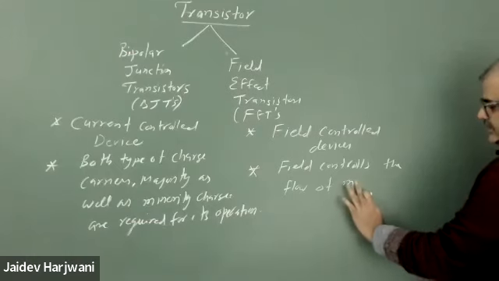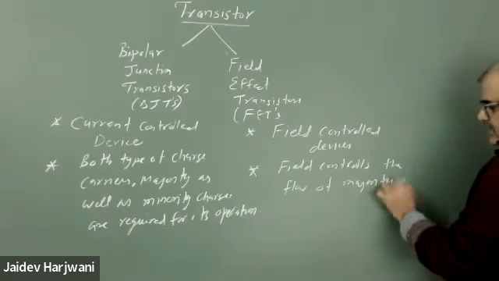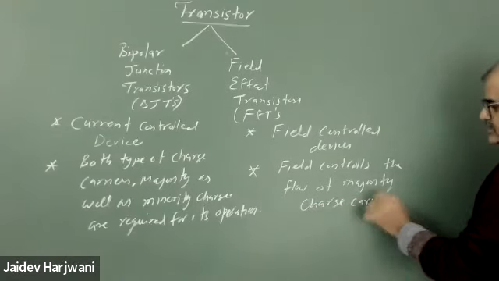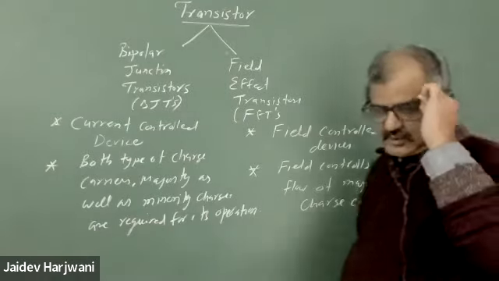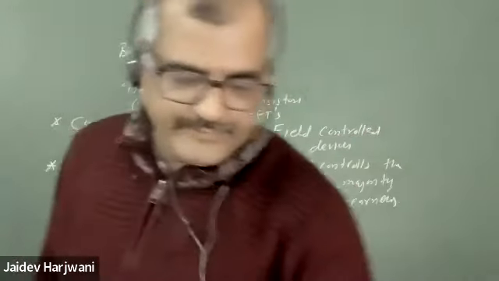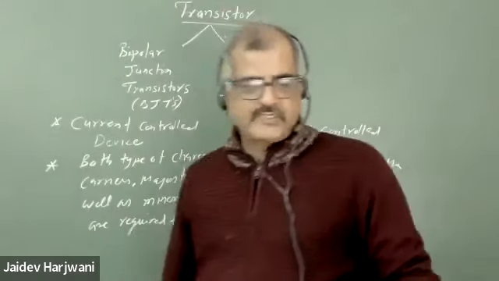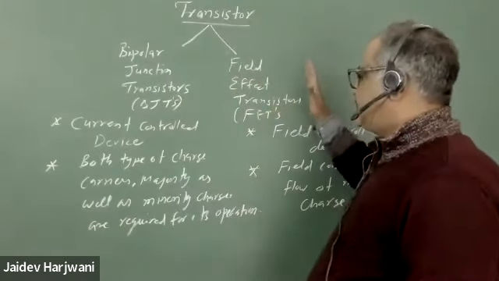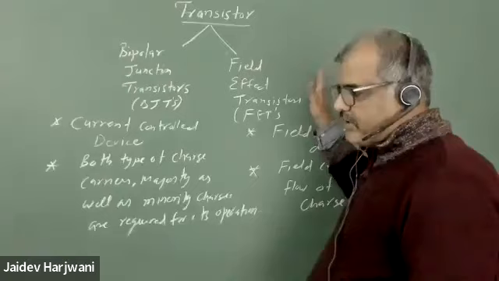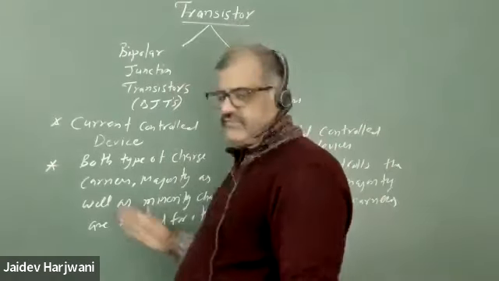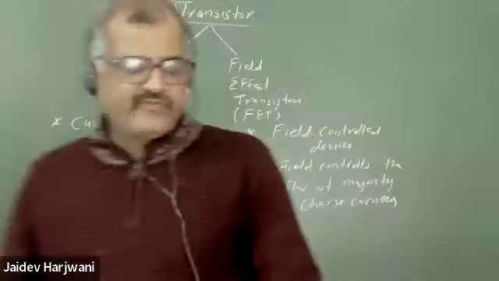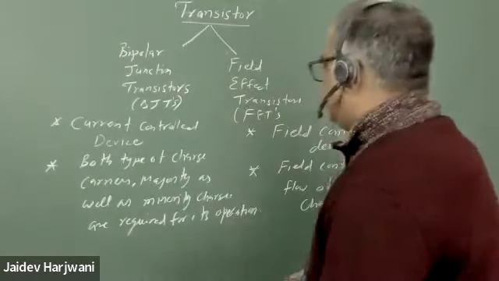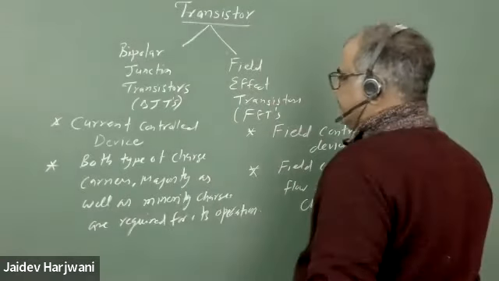In the channel, there is one channel, and only the field controls the majority charge carriers. So they have this difference. This is a unipolar transistor, having only one type of charge carrier, and here we need both types of charge carriers, electron as well as hole, to explain its operation. We'll see how. Now let me discuss BJT in detail.